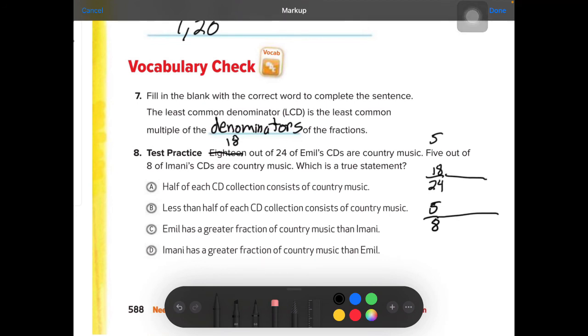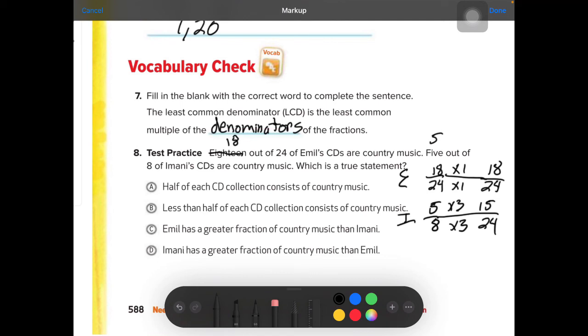Well, we need to get them to be equivalent fractions before we can make a good guess. Looks like 24 is going to be a common denominator here. 8 will go into 24 3 times. 5 times 3 is 15. 24 goes into 24 once. 18 times 1 is 18.